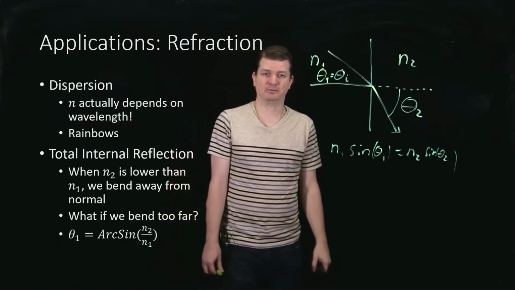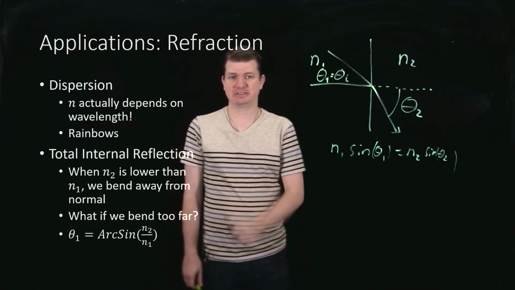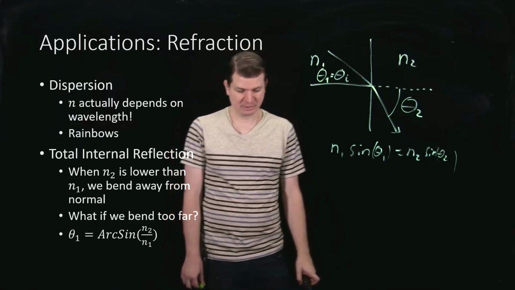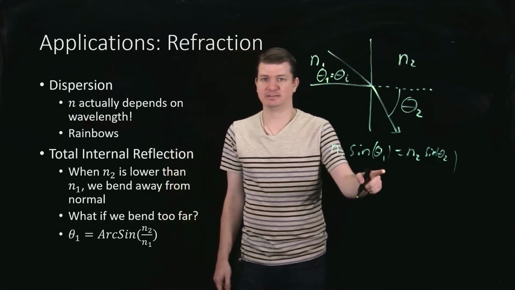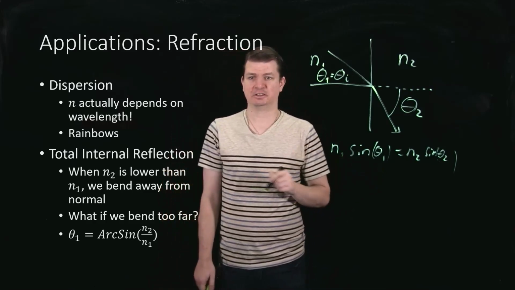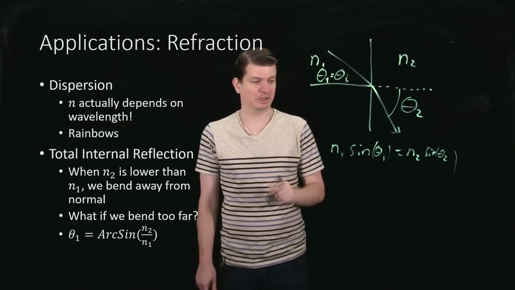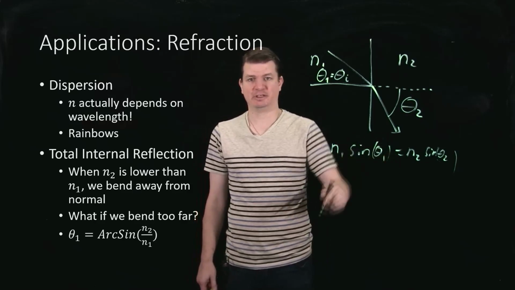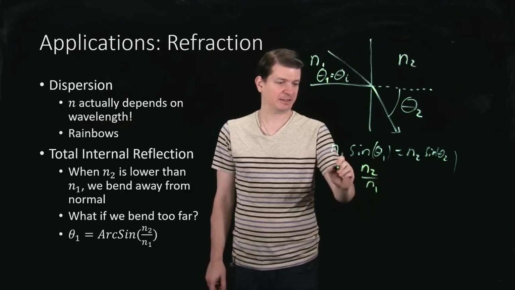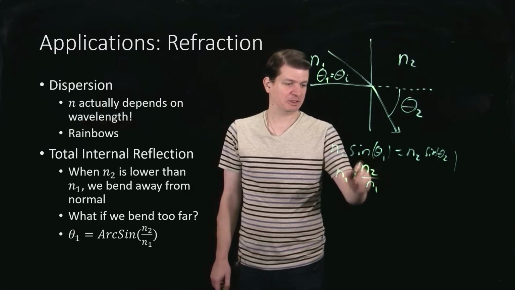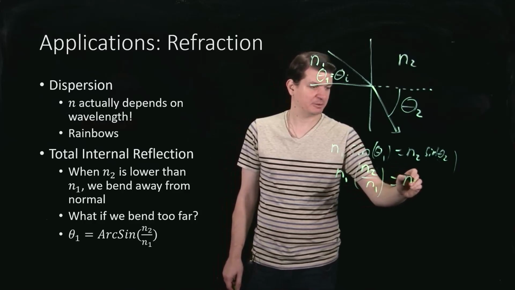So it turns out that if you use, for instance, this particular value of the angle, well, let's see what happens. If I put in that theta 1 is the arcsine of n2 on n1, then when I take the sine of the arcsine, I'm just going to get n2 on n1 back. And so I will be looking at this sort of equation now.